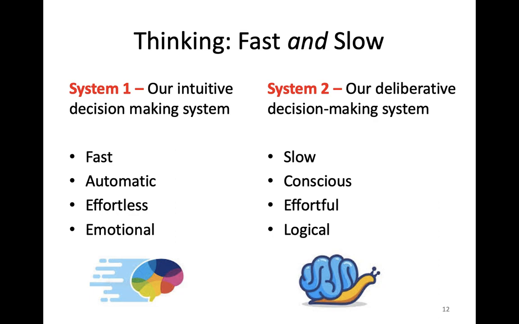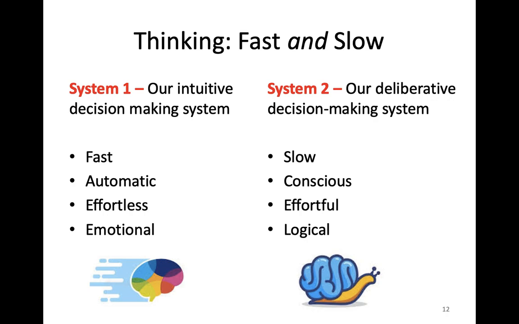In contrast, our system two is our more deliberate decision-making system, which is slower, requires conscious effort and awareness, is effortful, and logical. The 6 logical steps of decision-making outlined earlier describe a system 2 process.